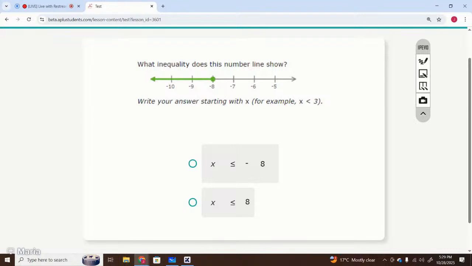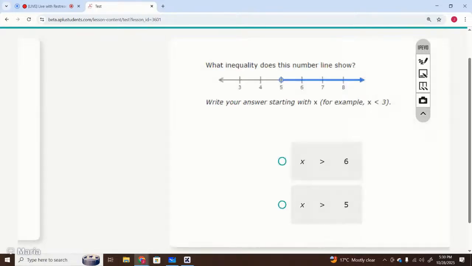What inequality does the number line show? X is less than or equal to negative 8. Option number 1 is the correct option.